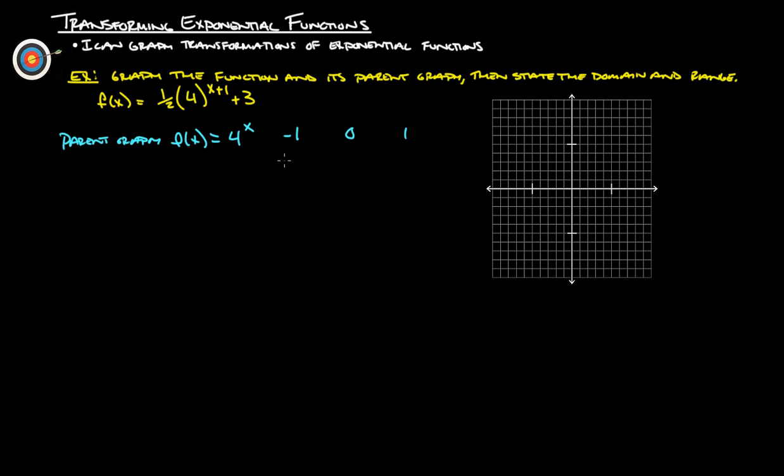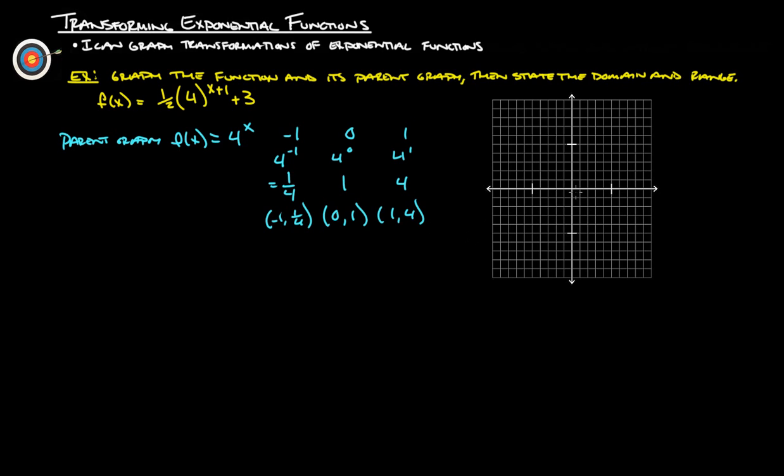So if we plug -1 in there, 4 to the negative first is going to be 1 over 4. 4 to the 0 power, anything to the 0 power is always 1. And then 4 to the first power is simply just 4. So we end up getting -1 and 1/4, 0 and 1, 1 and 4.